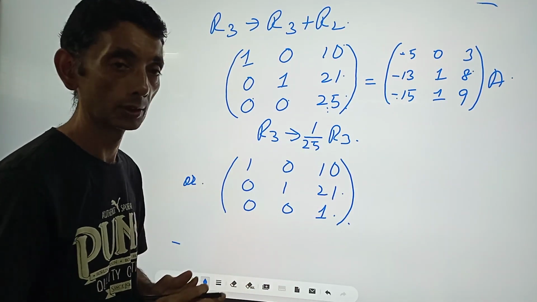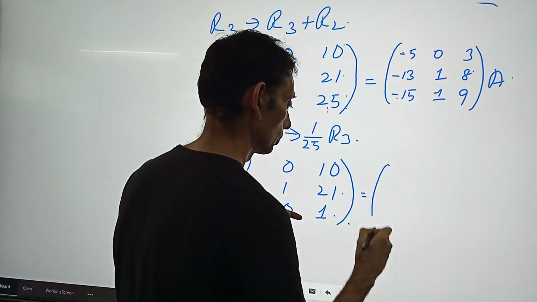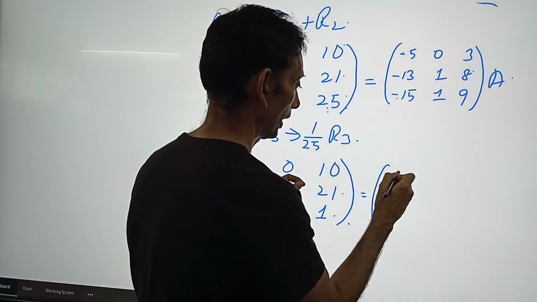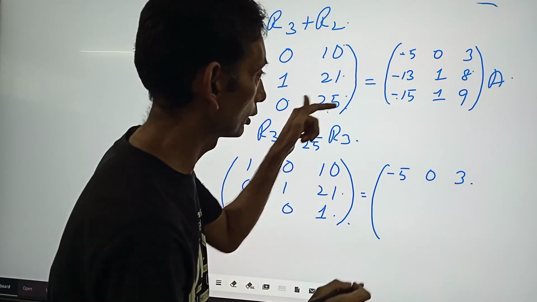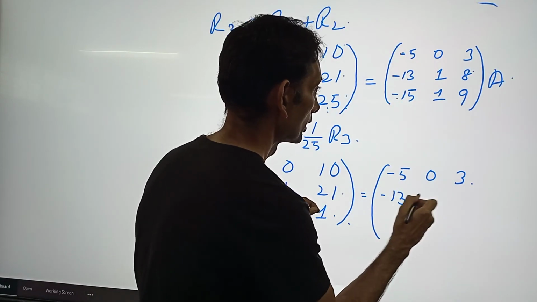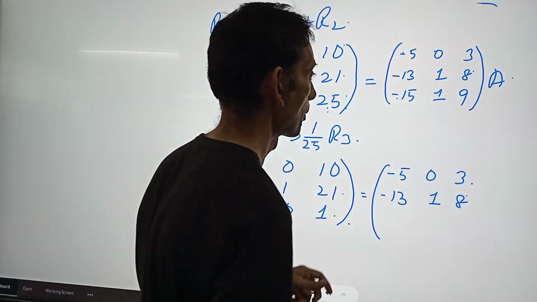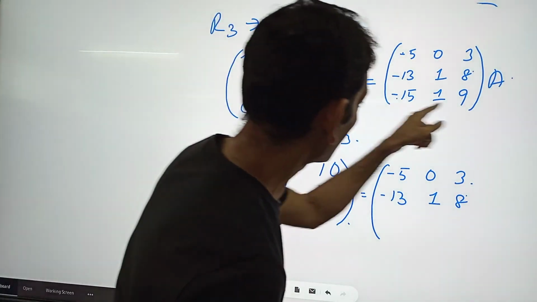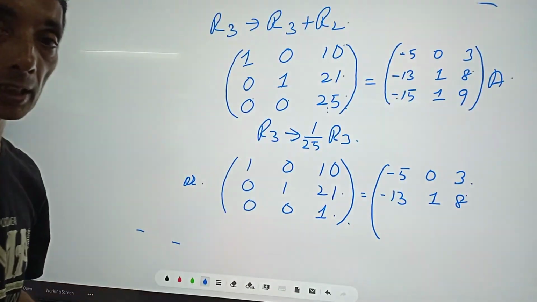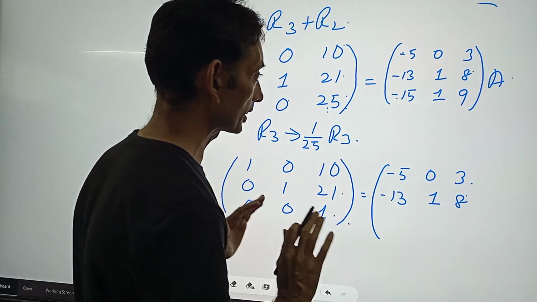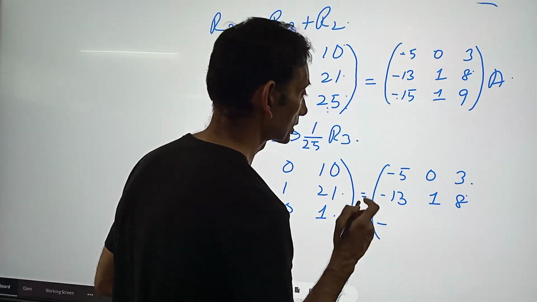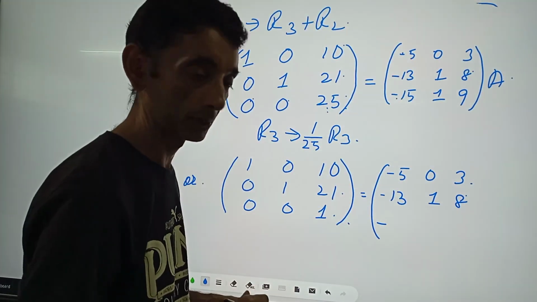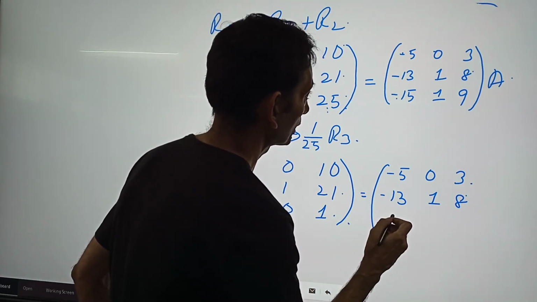And what is the change on the right hand side? Minus 5, 0, 3, minus 5, 0, 3, and this is minus 13, 1, 8. And you have divided the third row by 25. Okay, you can just simplify and write that is minus 15 by 25.